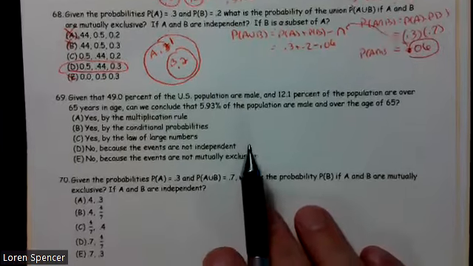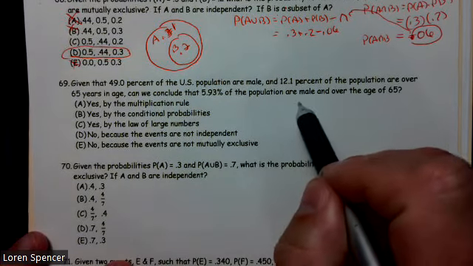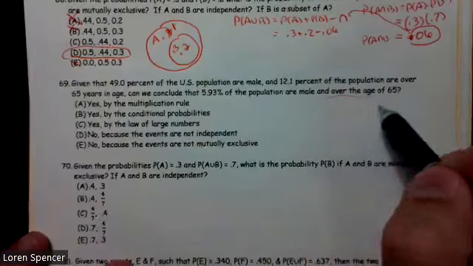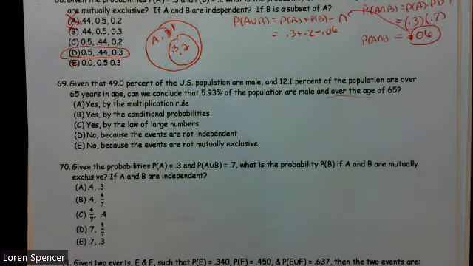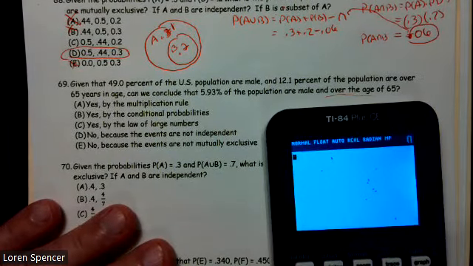All right, number 69. Given that 49% of the US population are male and 12.1% of the population are over 65, can we conclude that 5.93% of the population are male and over the age of 65? And just out of curiosity, let's take 0.49 and multiply it by 0.121.